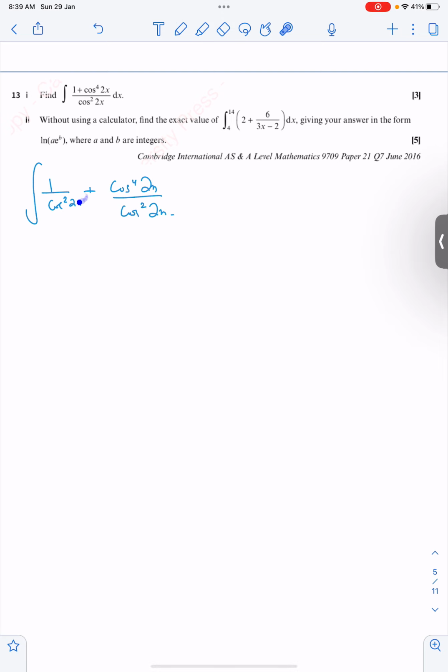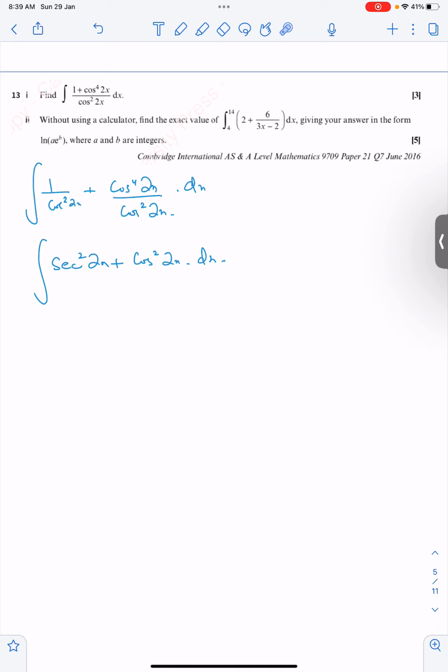We're still doing the simplification, so I'm not removing the integral sign. Once we start with the integration process, then we're definitely going to remove the integration sign. Sec square 2x plus cos 2x upon cos square 2x will give you cos square 2x dx.